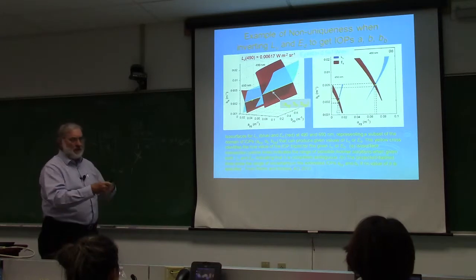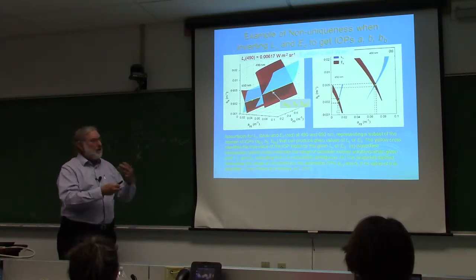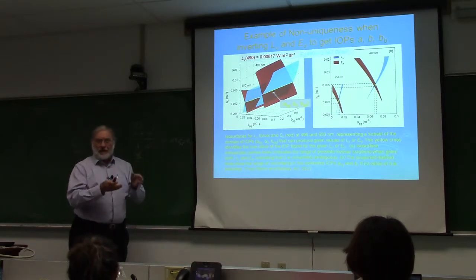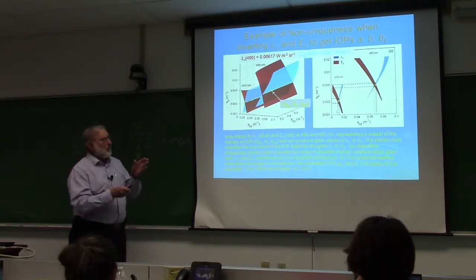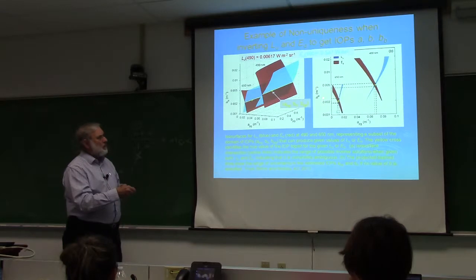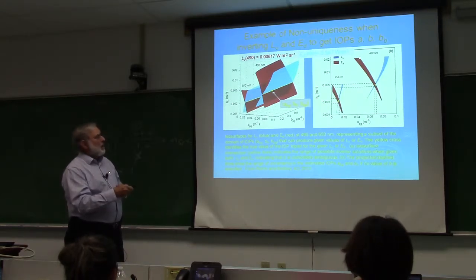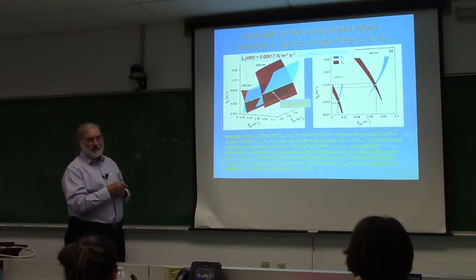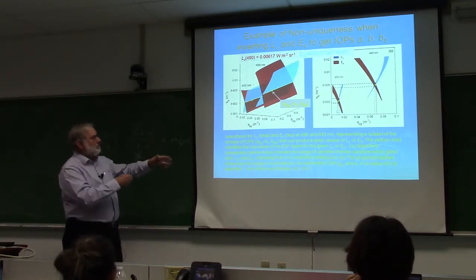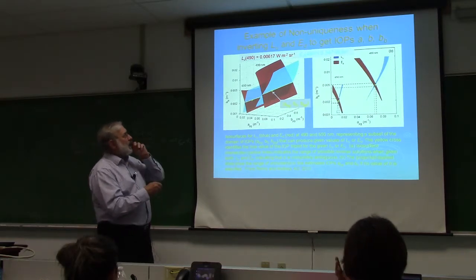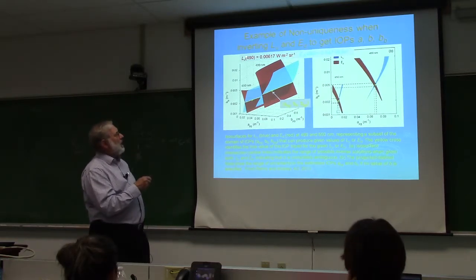And then what he did was he ran a numerical model, and he said, what values of backscatter, absorption, and total scatter would give me these values for the light field? And this is at a particular depth here.